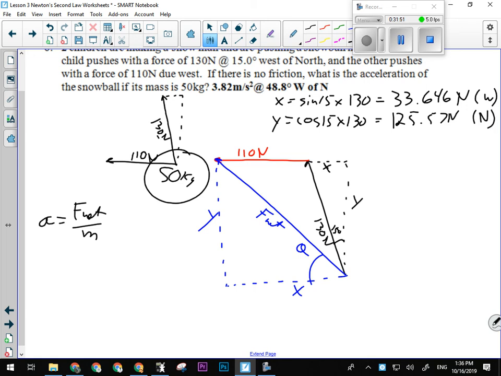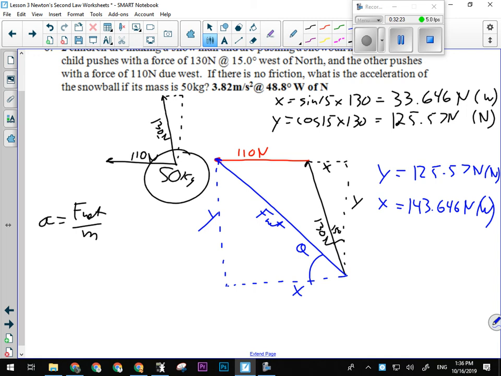Now that I have those, I can calculate what blue x and blue y are. Blue y is easy because I only had a north-directed force in one of the two parts. So y is going to be 125.57 newtons north, and x is going to be 33.646 plus 110, so 143.646 newtons west.